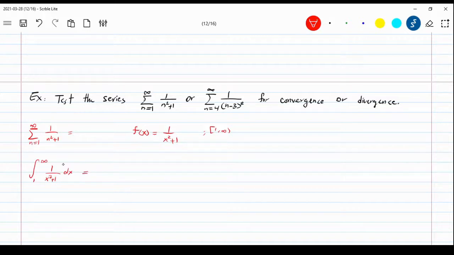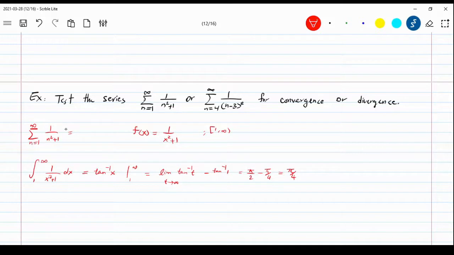If I have this integral, if you remember, this is simply tan inverse of x evaluated from 1 to infinity, which is the limit of tan inverse of t as t approaches infinity, minus tan inverse of 1. Tan inverse at infinity would be pi over 2, tan inverse of 1 would be pi over 4. And that turns out to be pi over 4.